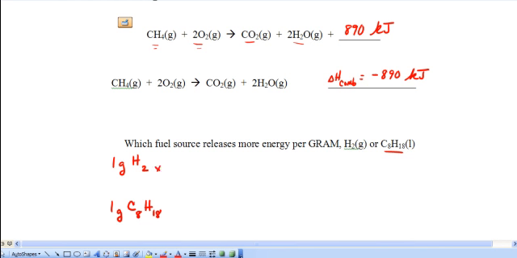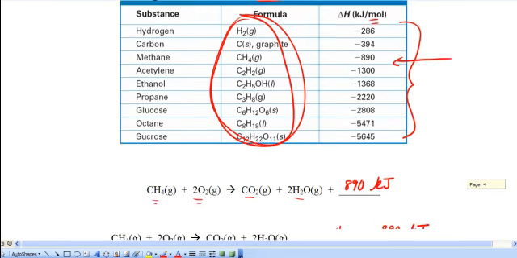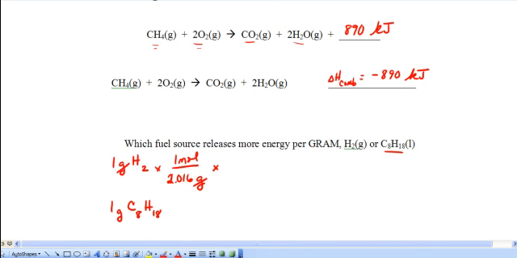We're going to take 1 mole of hydrogen, which weighs 2.016 grams because it's H2. The grams divide out, and if you double check the energy, hydrogen releases 286 kilojoules per mole of H2 reacted.